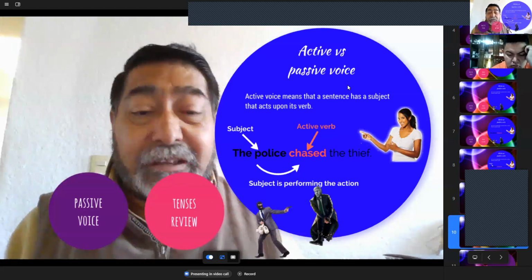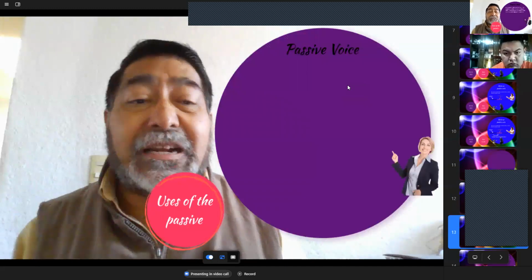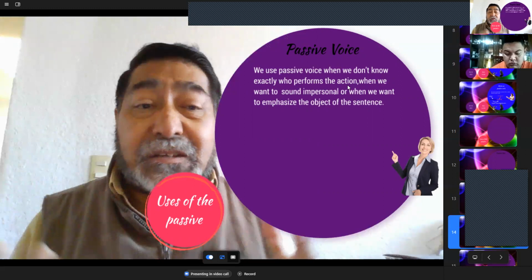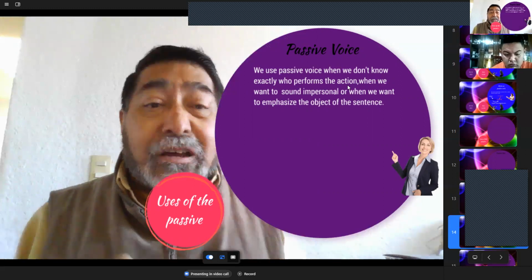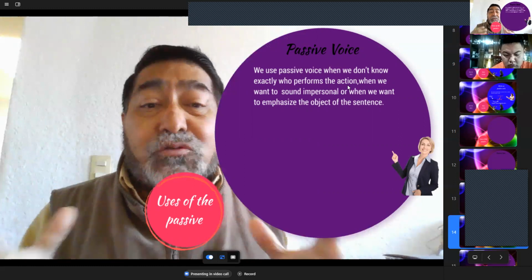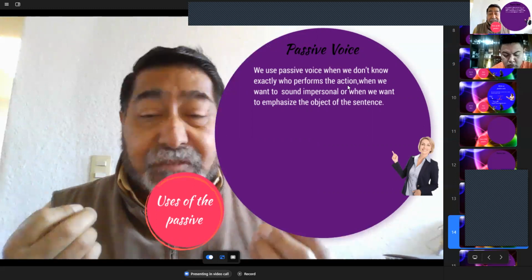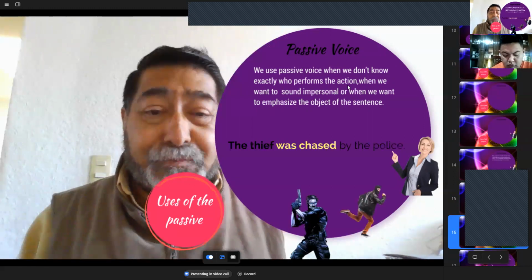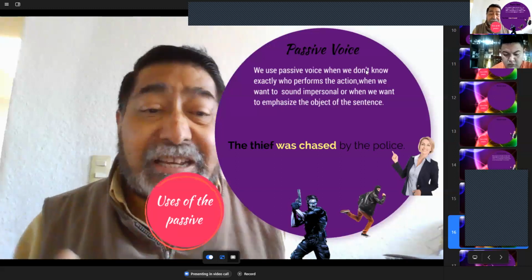If I want to use the passive voice, the same idea, let's analyze it. We use passive voice when we don't know exactly who performs the action, when we want to sound impersonal, or when we want to emphasize the object of the sentence. In the example we have here, the thief was chased by the police.